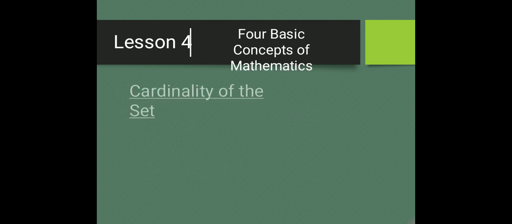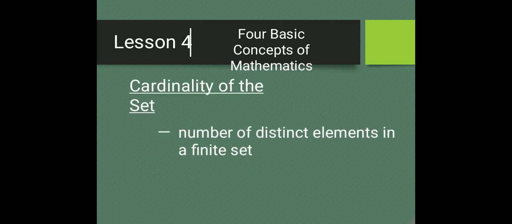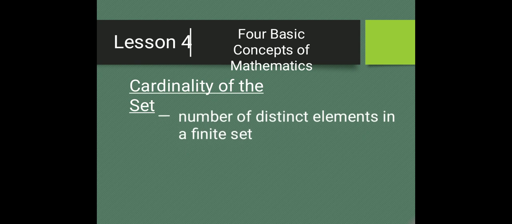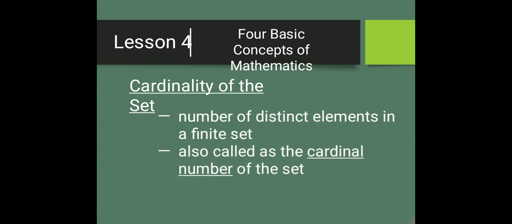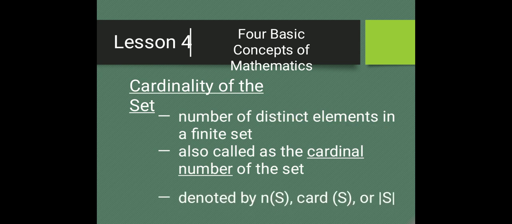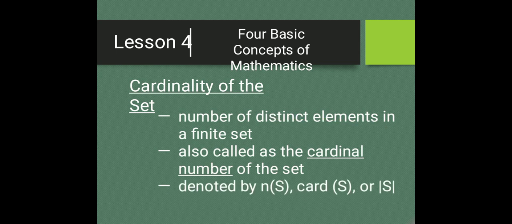Okay, dito tayo. The cardinality of a set is the number of distinct elements in a finite set. Ano yung cardinality dito? Ito yung number of elements. This is also called the cardinal number of a set. Yung cardinality is the number of elements in a set. So, simple lang. It is denoted as n of S, or ito.